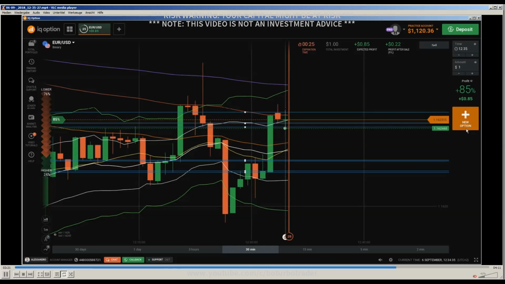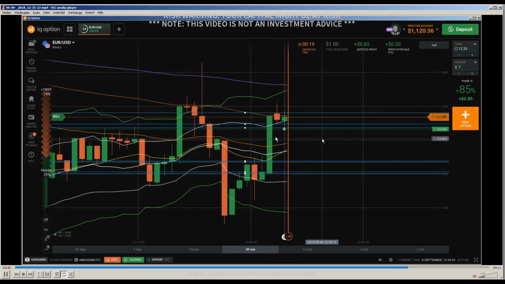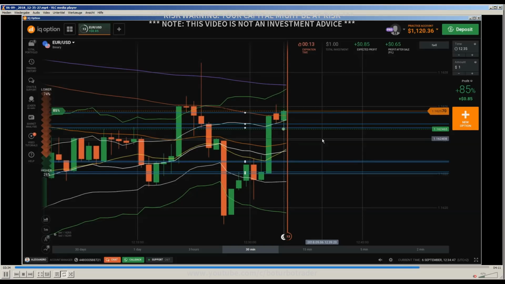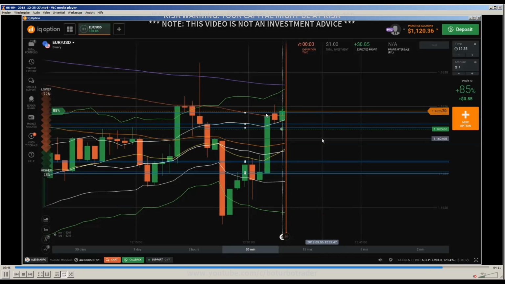That was the reason why I entered then below the previous candle closing price into a call, into a trend continuation, because I understood immediately that we are getting into a trend continuation, that this candle was only a retracement and not a reversal, and that only because of, first of all, this support and resistance level, and second because this candle moved up further.